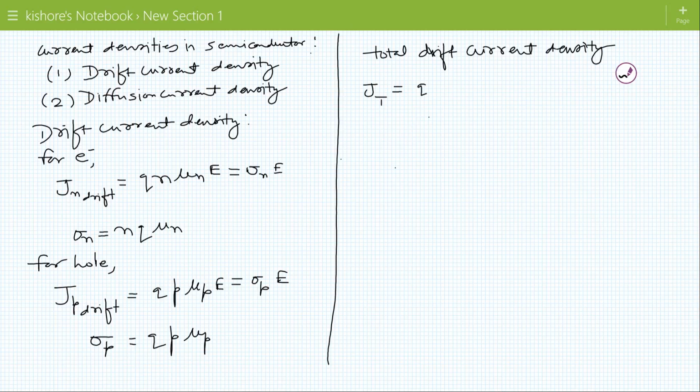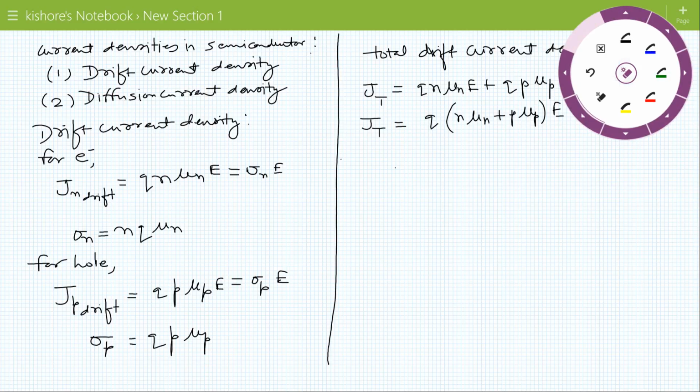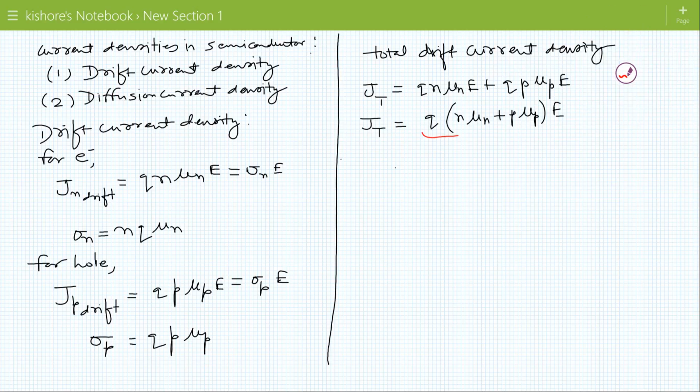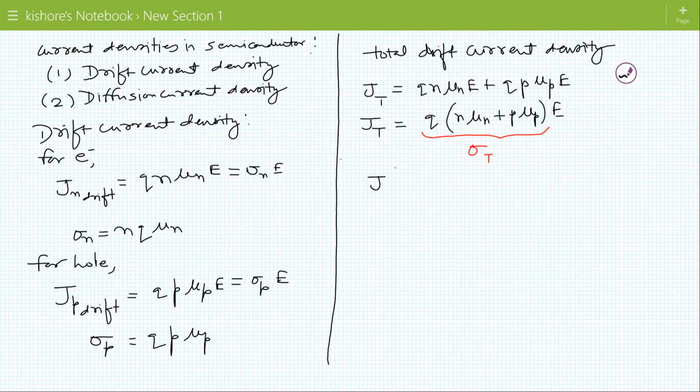So the expression for total current density is q n mu n E plus q p mu p E. So Jt is q (n mu n plus p mu p) E, and this is sigma T, total conductivity. So this Jt is sigma T E.